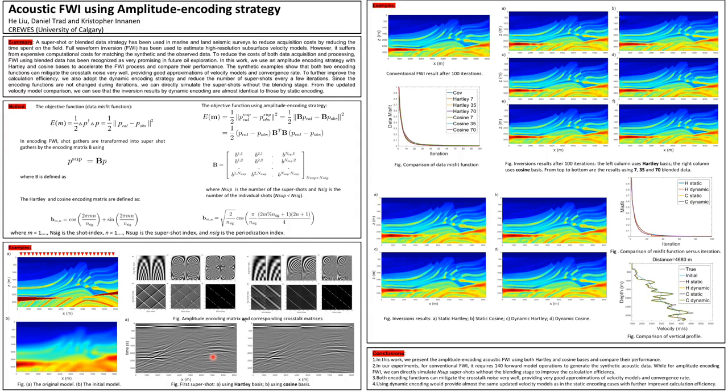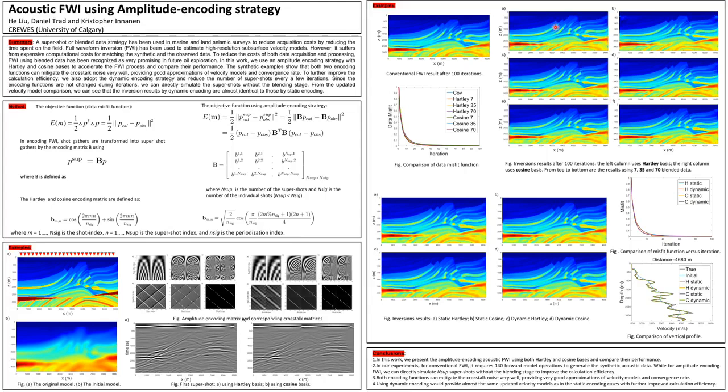In our experiments, we run FWI using a gradient-based method for 100 iterations. For comparison, we first present the inversion results using conventional FWI, which is shown here, and amplitude encoding results are shown here.